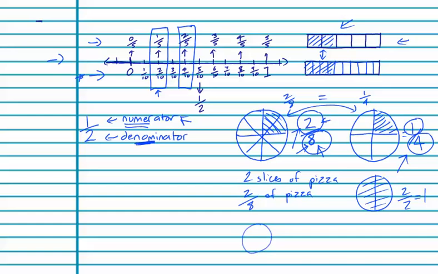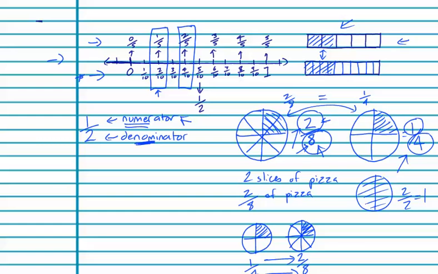If I had a pizza that was cut into 4 slices and I had 1/4 of the pizza, if I wanted to represent that as out of 8, then cutting my pizza into 8 doubles the number of slices that I cut it into, but it also doubles the number of slices that I ate.